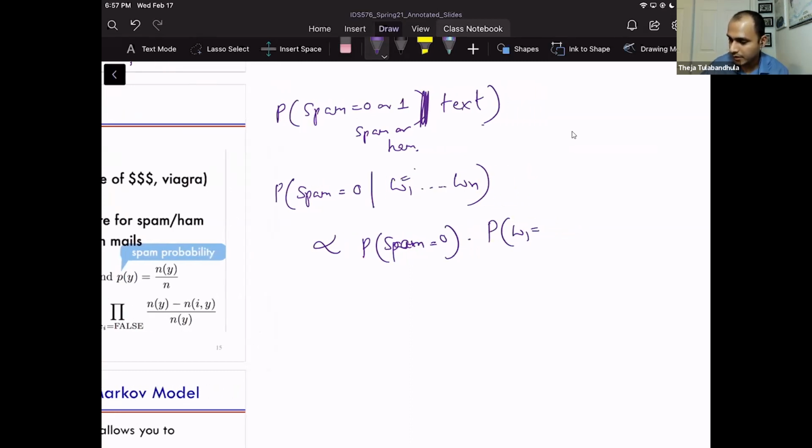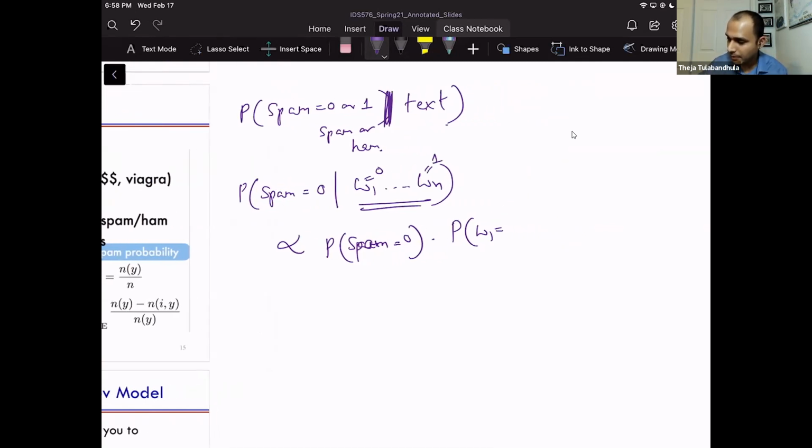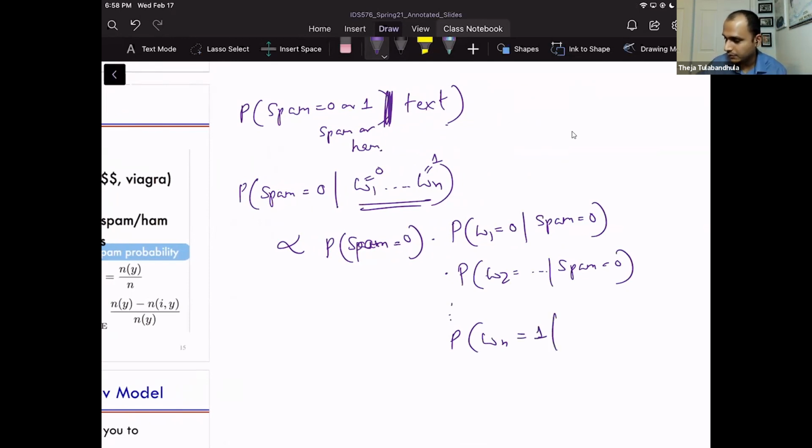Here W1 is equal to, let's say, 0, W2 is something else, and another is equal to 1. So we write the probability of W1 equal to 0 given spam equal to 0, times the probability of W2 equal to something given spam equal to 0, and so on, all the way to the probability of Wn equal to, in this example, 1 given spam equal to 0.